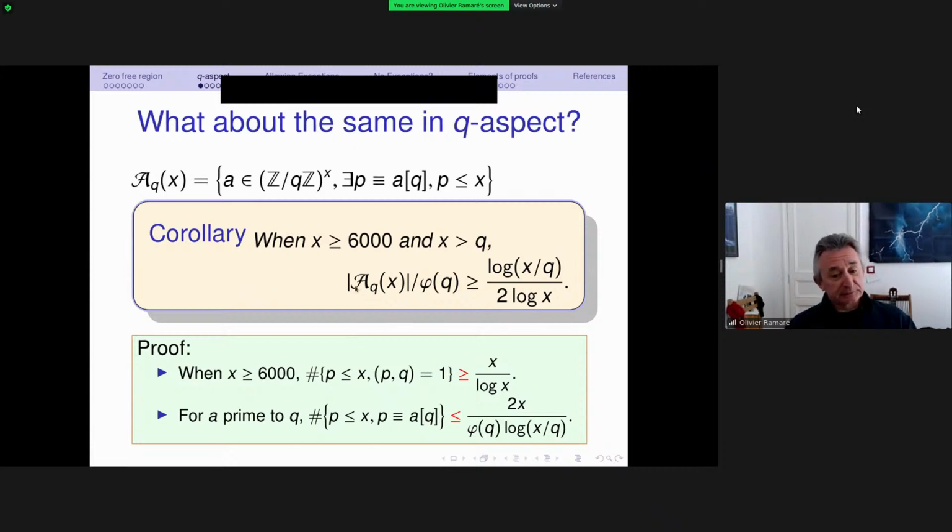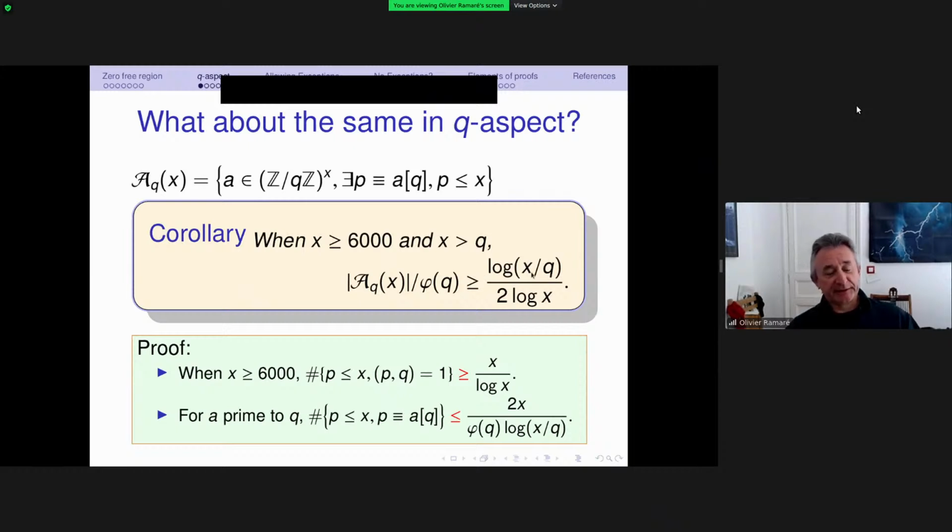If you give yourself a modulus q and you look at what happens in Z by qZ, well, the number of invertible residue classes, or reduced residue classes, that are covered by the primes less than x, the number of classes is a positive proportion of phi of q. So it's larger than phi of q log x by q upon 2 log x.